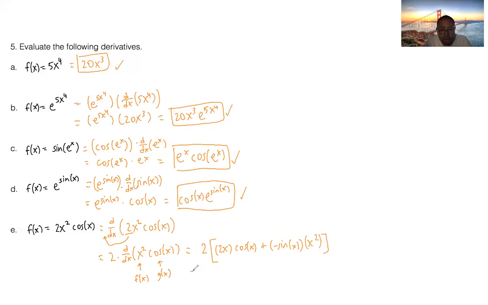And so this is going to end up looking like this. 2 times 2x cosine of x minus x squared sine of x. Okay, and then when you finalize this, it's going to be 4x cosine of x minus 2x squared sine of x. Okay.